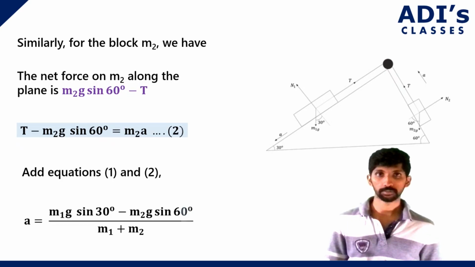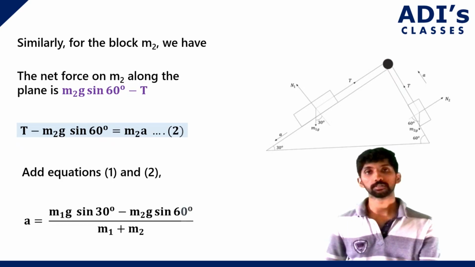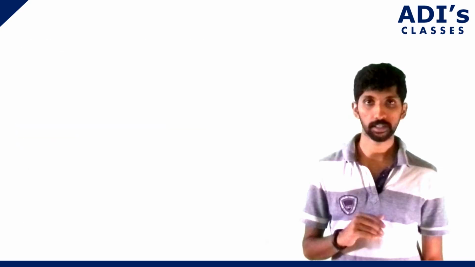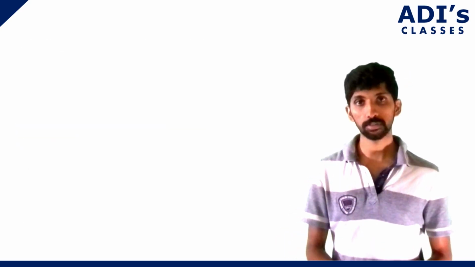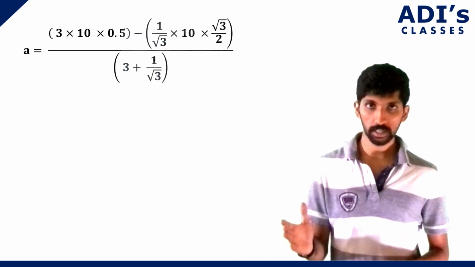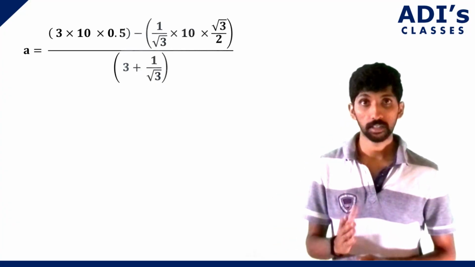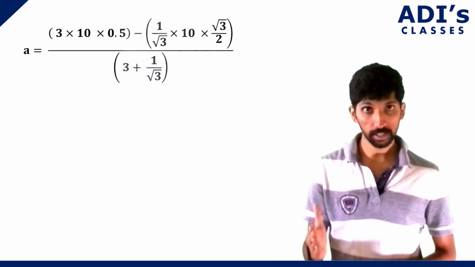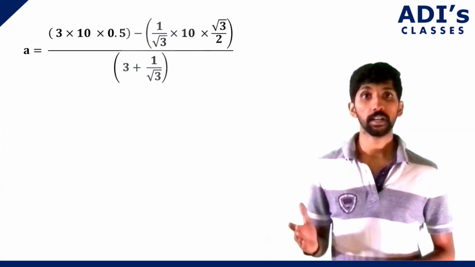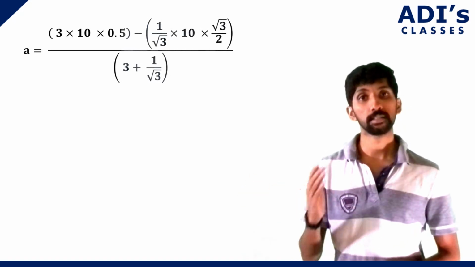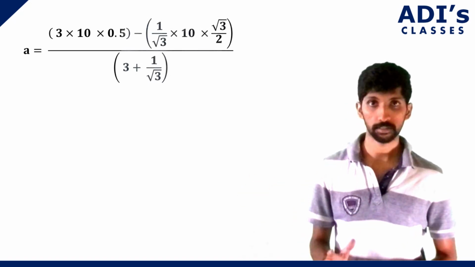Now we'll put the values. We know m1, we know g, and we know sine 60 and sine 30. So you get 3 into 10 into sine 30, which is half, minus 1 by root 3 into 10 into sine 60, which is root 3 by 2, divided by 3 plus 1 by root 3.